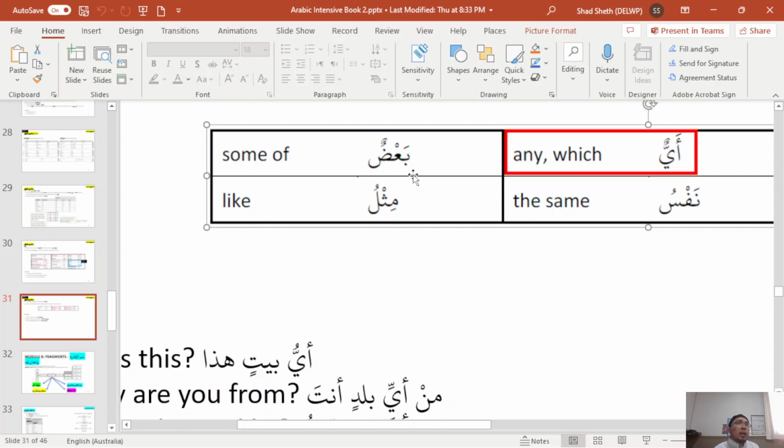So if you want to say some of the teachers, how do you say some of the teachers? So ba'du al mudarrisuna, let's say for example it's male. That's a bad example actually because we haven't learned the majrur. Okay, let me take a step back.